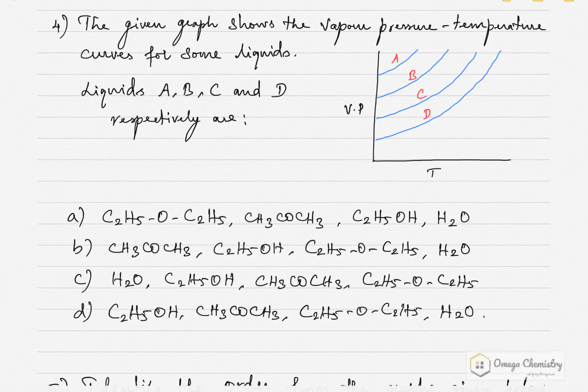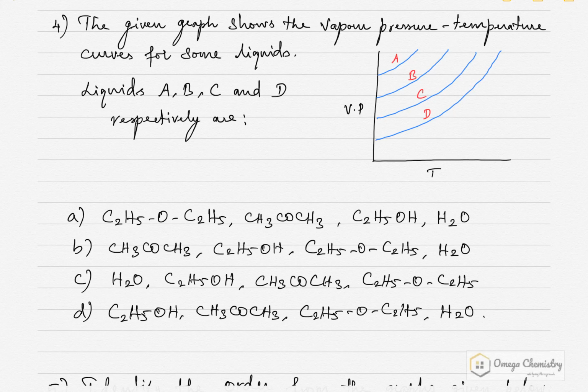Fourth one: the given graph shows the vapor pressure temperature curves for some liquids. Liquids A, B, C, D are respectively diethyl ether, acetone, ethanol and water.